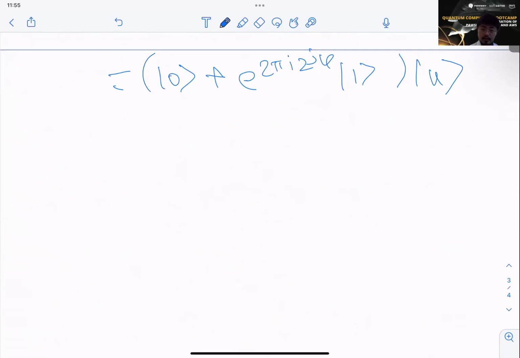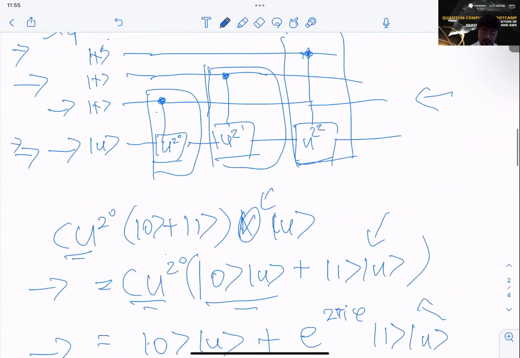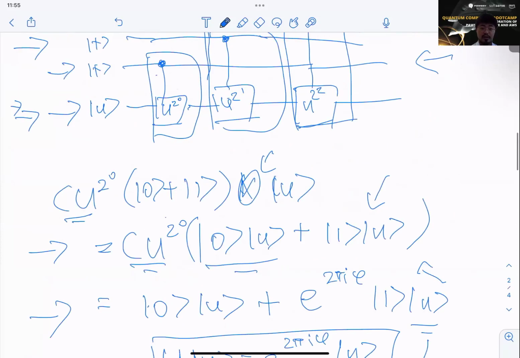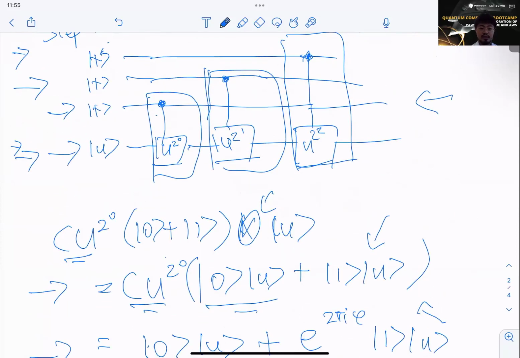we realize that no matter what we do, firstly, the second register remains completely unchanged. Nothing whatsoever happens to it. The target qubit remains completely unchanged throughout this entire process.